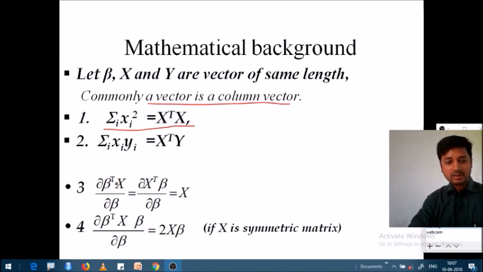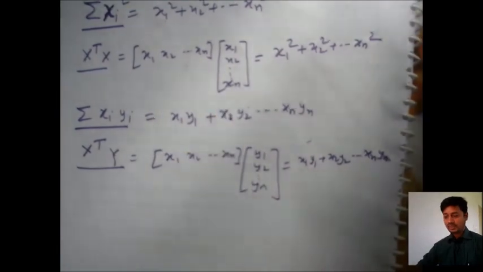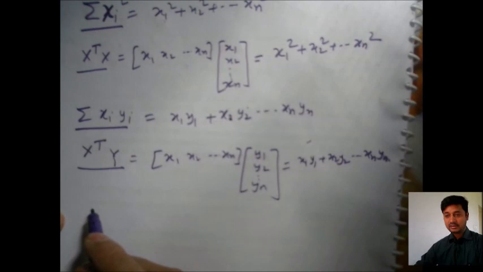Now coming to the third: if there is a beta and an x vector, and you multiply them and differentiate x transpose beta with respect to beta, you will get x. How? Let us say we have two vectors, beta and x, having the same length.